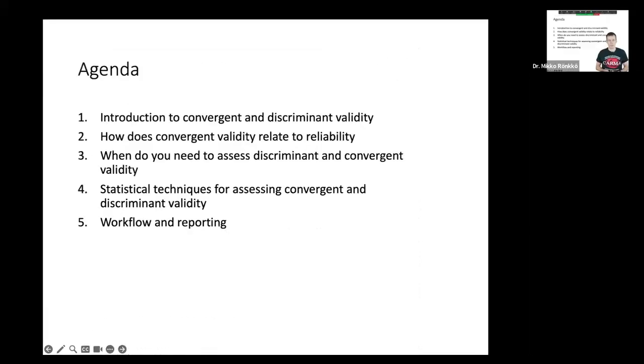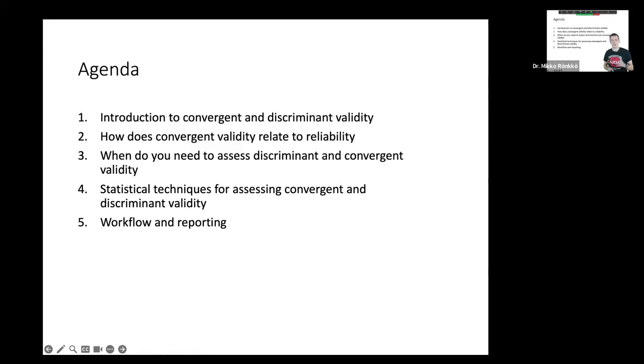So let's go through the agenda. What are we going to talk about today? I'm going to introduce the topics of convergent and discriminant validity first. Then I'll talk a bit about whether, when, or how convergent validity relates to reliability. This is something that I've been struggling with, because reliability is assessed through correlations between similar measures, but convergent validity is also assessed by looking at the correlation between 2 measures.